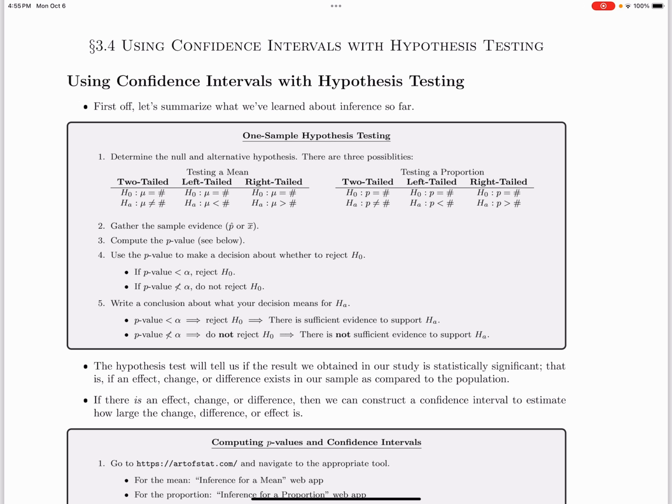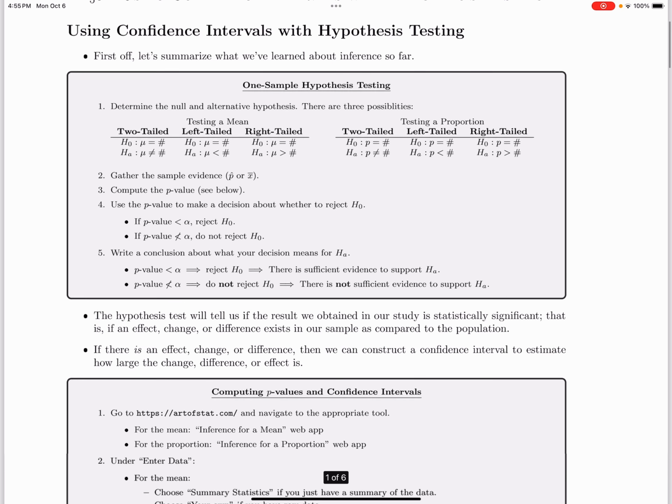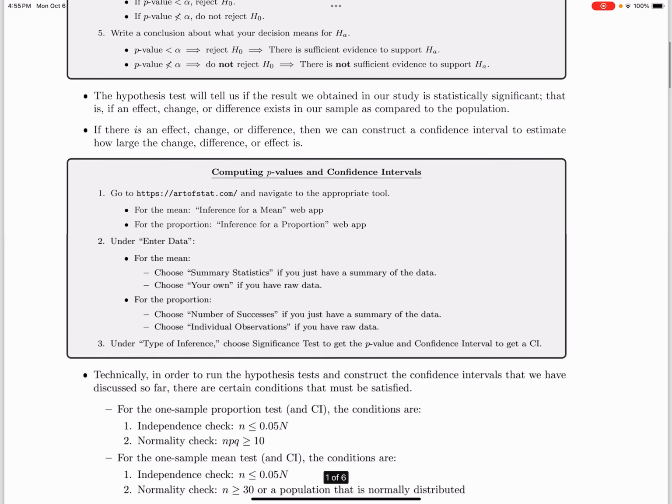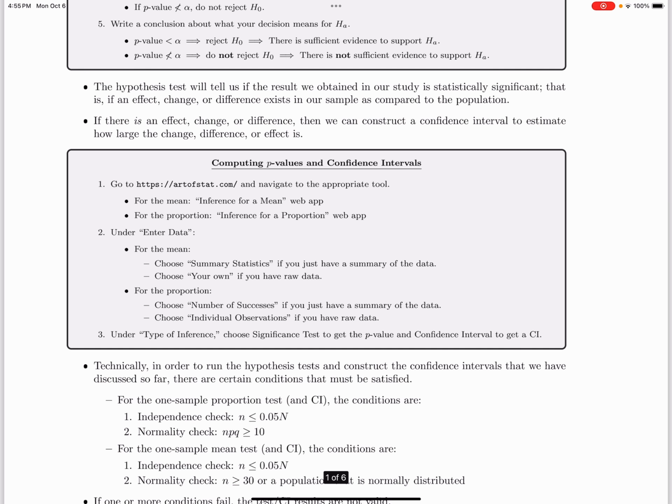We'd like to know what the effect size is. And confidence intervals are a way that we can try to estimate how big that change, difference, or effect is. So we learned about constructing confidence intervals in section 3.3. We're going to use the apps from Art of Stat to get both p-values and confidence intervals, and we've practiced doing that several times by now.